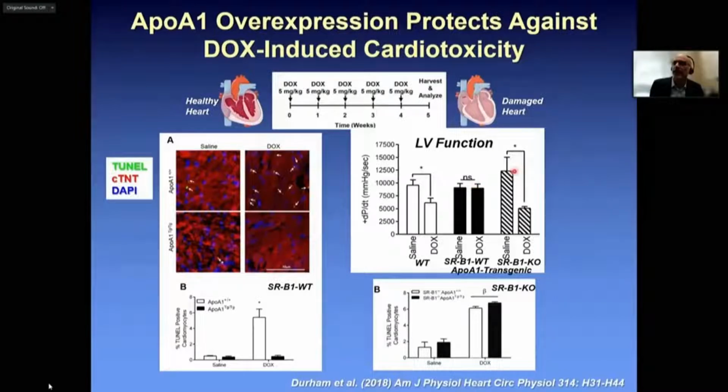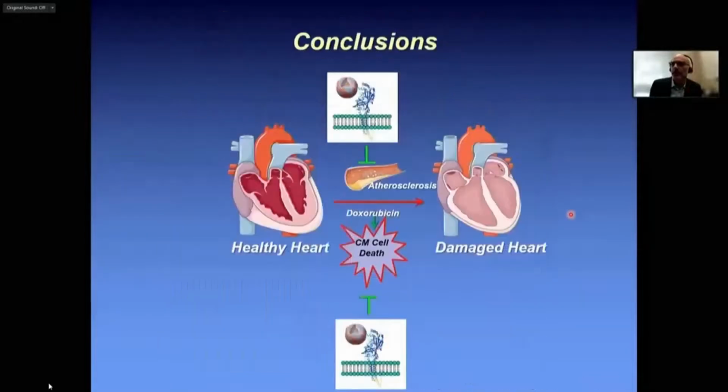But when the HDL receptor was knocked out in the mice, ApoA1 was no longer able to attenuate the doxorubicin-induced decline in left ventricular function. And then she and postdoc George Kluck went on to show that they got the same results when they injected mice with purified ApoA1 rather than using an overexpression model.